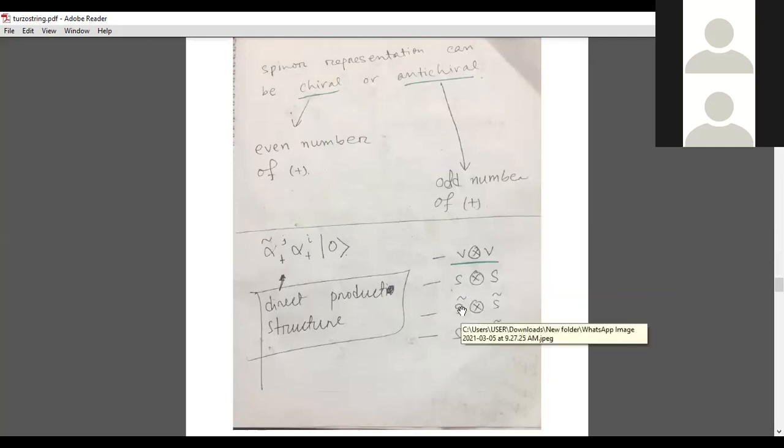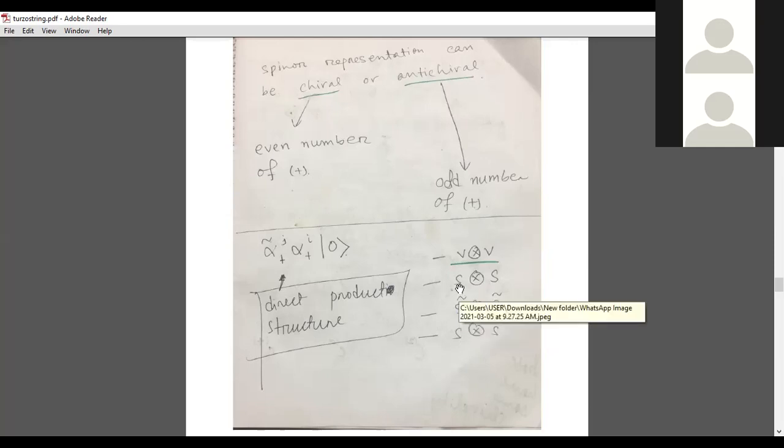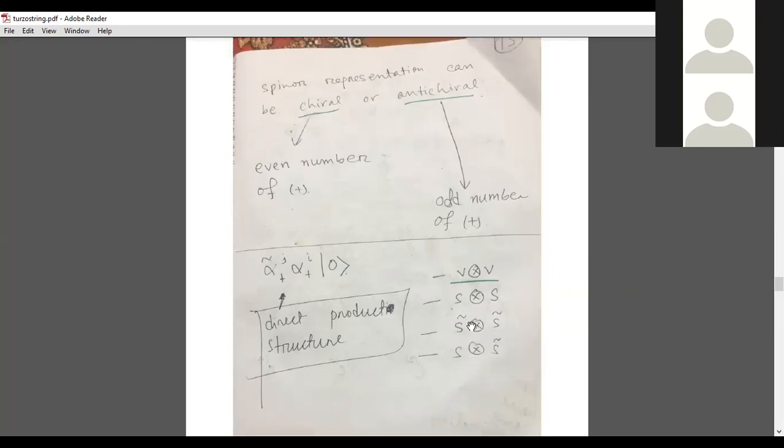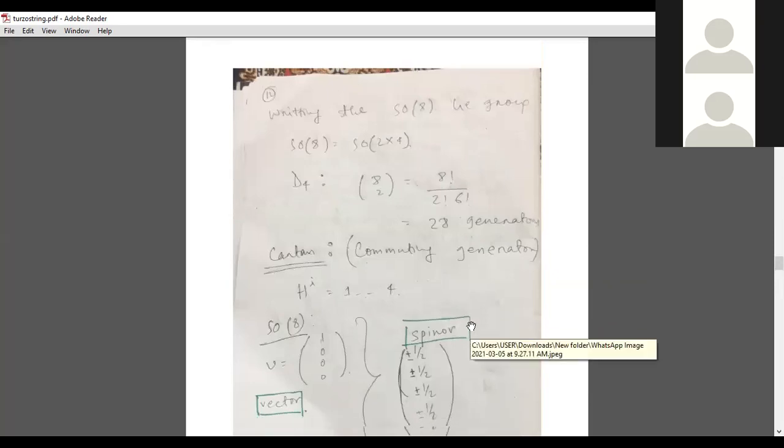As you know, in even dimensions, you can have chiral spinors or non-chiral spinors. So I'm going to write the chiral ones as S and the non-chiral ones as S tilde. Okay, right.